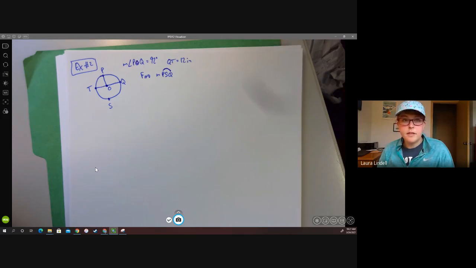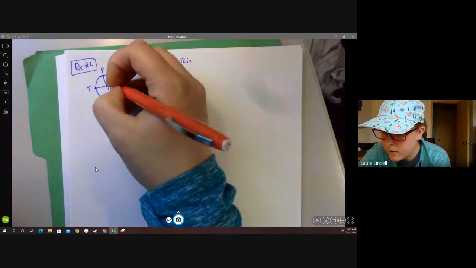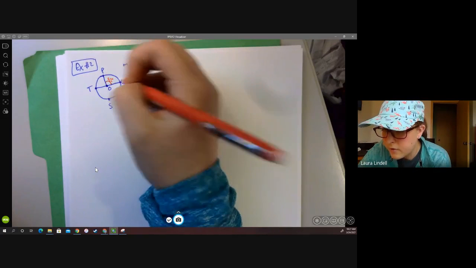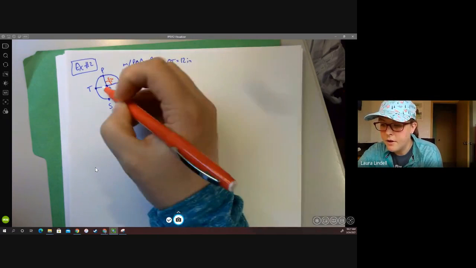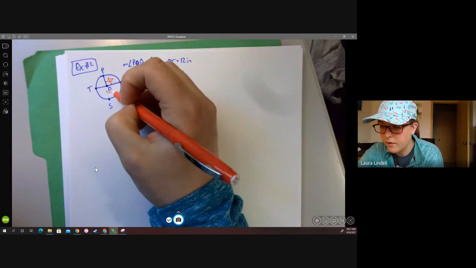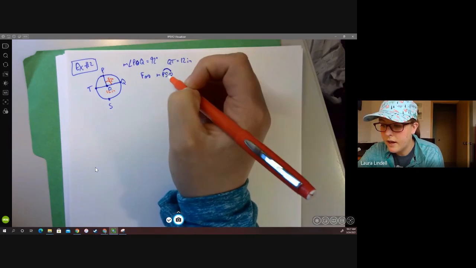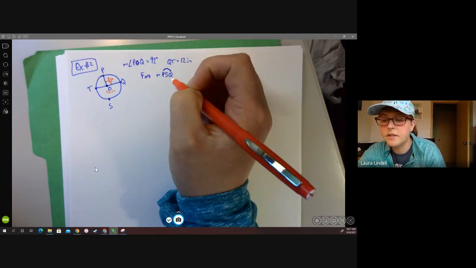Okay, so first thing we want to do, label our picture here. I know that POQ is 92 degrees. I know that this distance here is 12 inches. And I am looking for the arc PSQ.